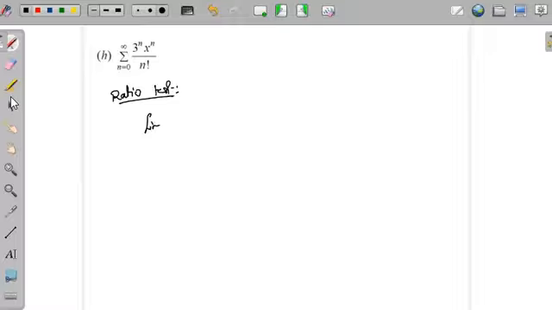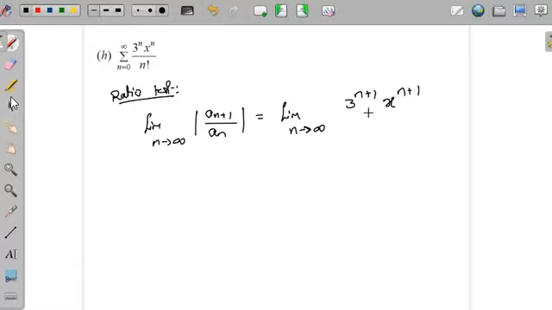So limit n goes to infinity of modulus of a_(n+1) over a_n. That equals limit n goes to infinity of 3 power n plus 1 into x power n plus 1 over n plus 1 factorial, into the reciprocal of a_n, which is n factorial by 3 power n into x power n.